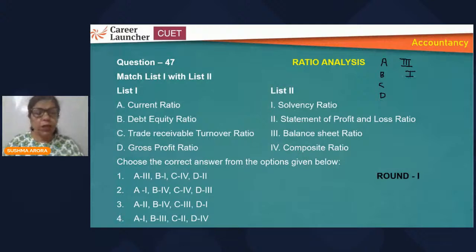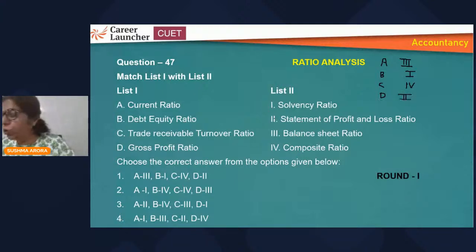Now trade receivable turnover ratio. C. Trade receivable turnover ratio are composite ratios, or activity ratios are composite ratios. And then D. GP ratio can be calculated with the help of SOPL only. Okay, children, I'm sure you all are able to do the questions by this way.